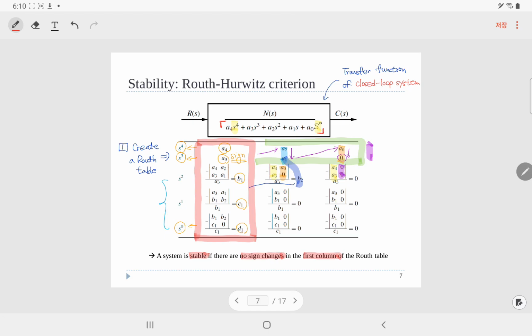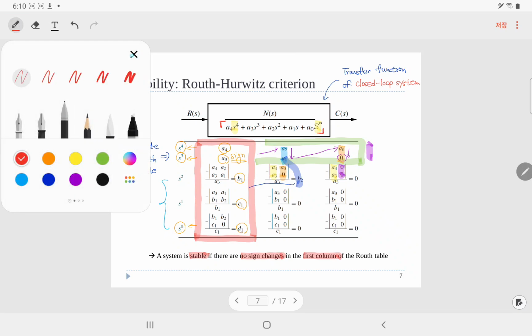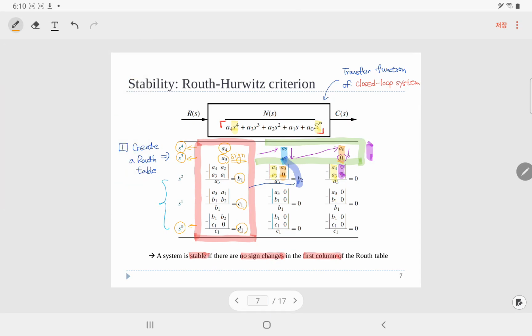So from this fact, we can say that the number of poles in the right half plane is equal to the number of sign changes in the first column.